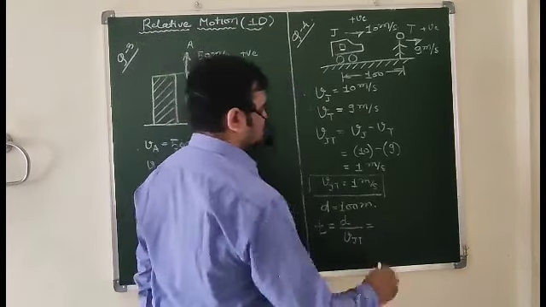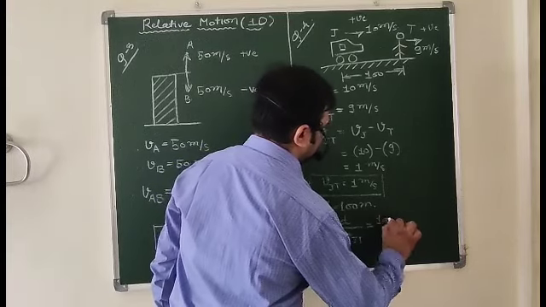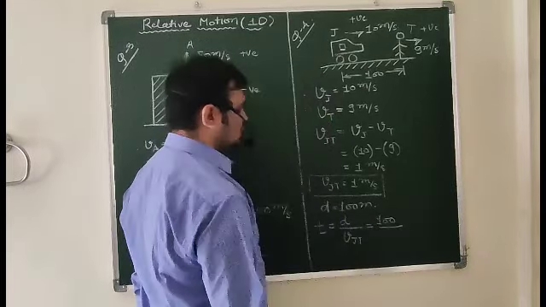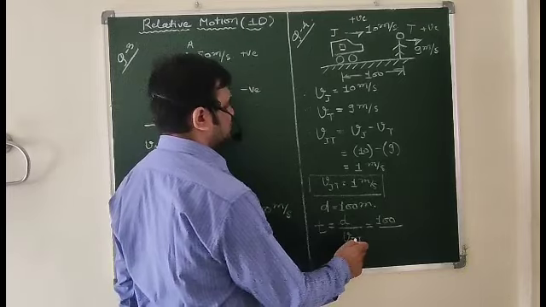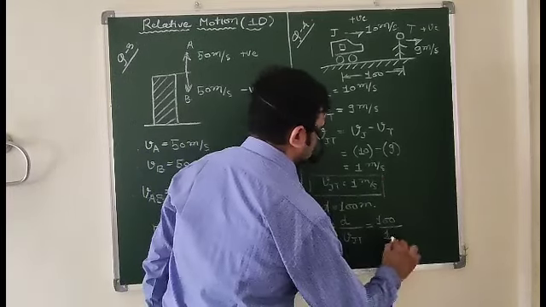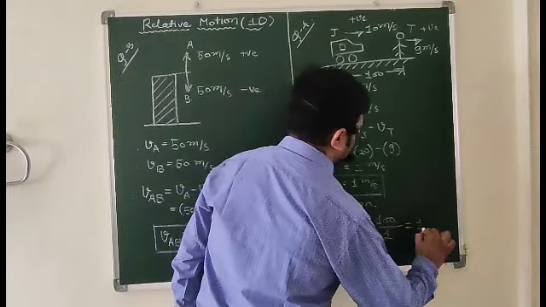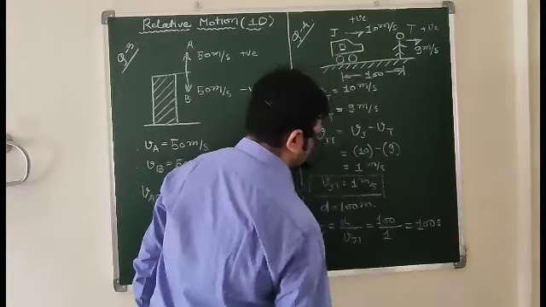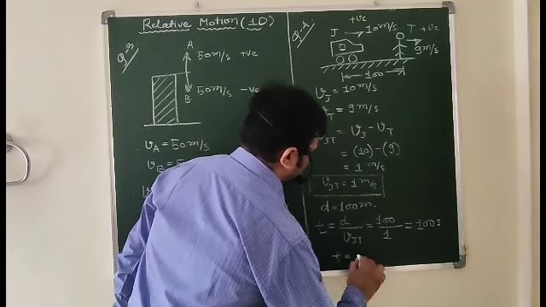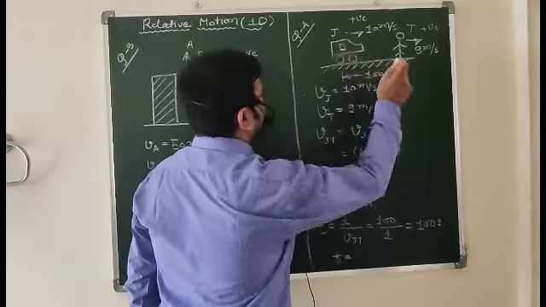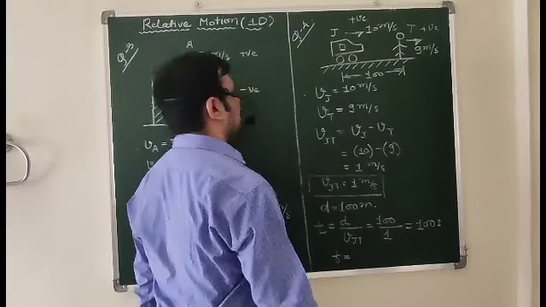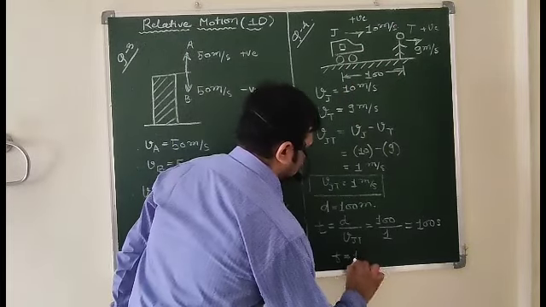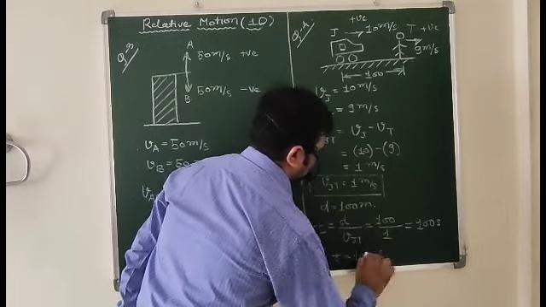So D is 100 meter and the relative velocity of jeep with respect to thief is 1 meter per second. So ultimately 100 second. So time taken by the jeep to catch the thief is 100 second.